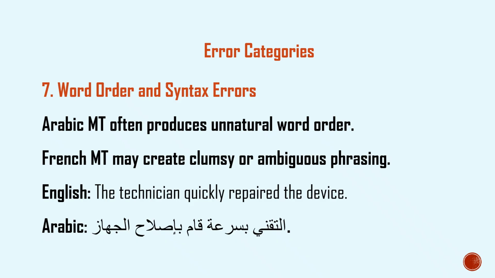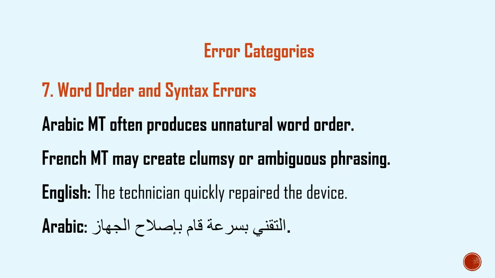When machine translation translates a sentence like the technician quickly repaired the device, it tends to copy the English structure directly, producing awkward sentences such as التقني بسرعة قام بإصلاح الجهاز, where the verb and the auxiliary are unnaturally positioned.